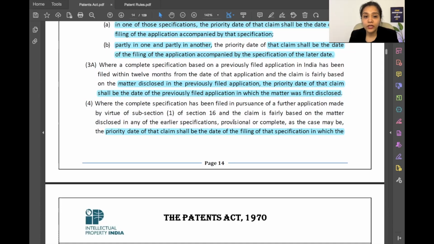The priority date of that claim shall be the date of the previously filed application in which the matter was first disclosed. So like I told you, if it is disclosed in the provisional specification or an application which was filed before that, we can claim priority from the day of filing of that application, because the subject matter was disclosed for the first time in that application.